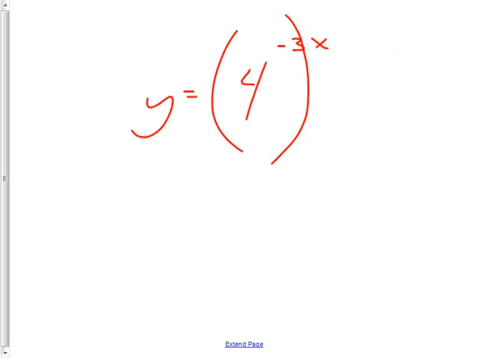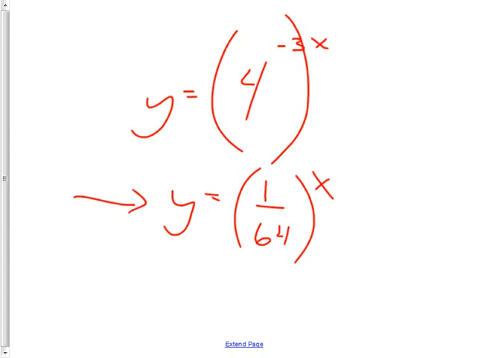And then what's the negative do to it? It makes it 1 over 64 to the x, like that. You get that that's the same thing. It is a super steep decline. It's like super fast decay. This one is the same exact thing. They're identical. It's really hard to tell them apart. In fact, you could really screw this up easily.